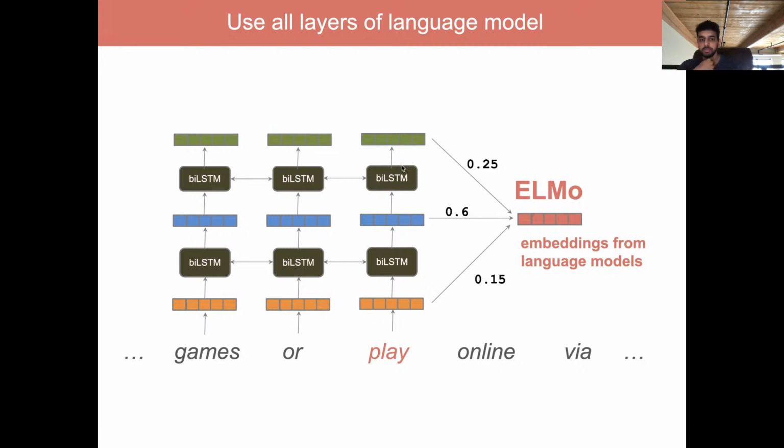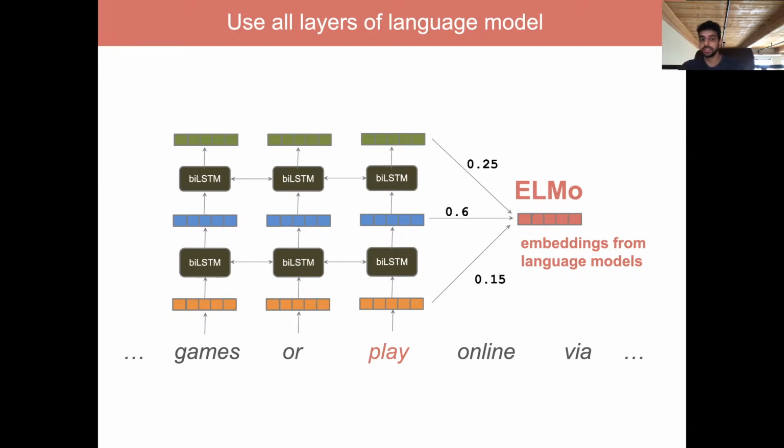So now these representations are fully contextualized with both the past and the future context. And so now we have these 3 vectors at every time step, one for each layer. And we're just going to take a weighted average of these vectors, and the weights are learned through the downstream task. So these weights are learned parameters that are backpropagated into using our downstream task signal.